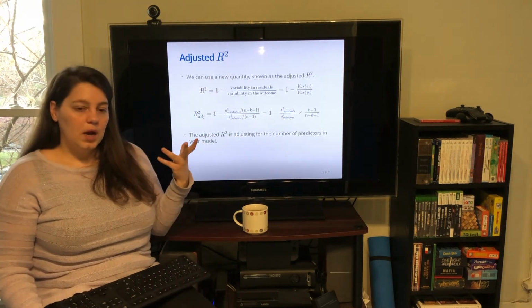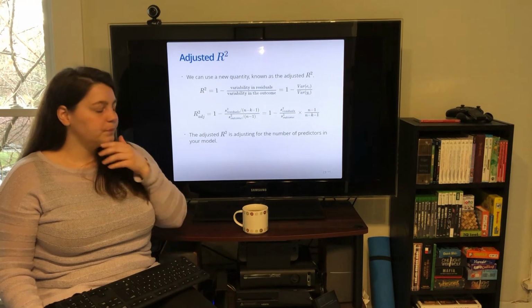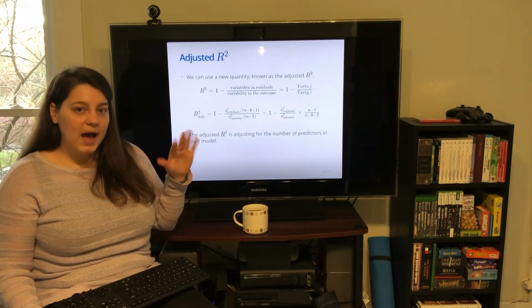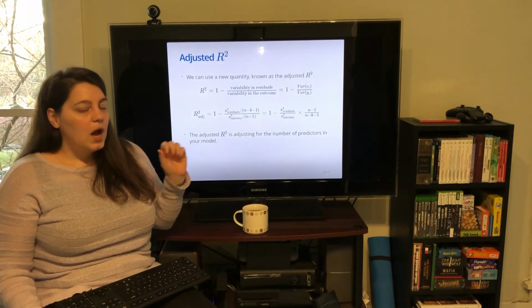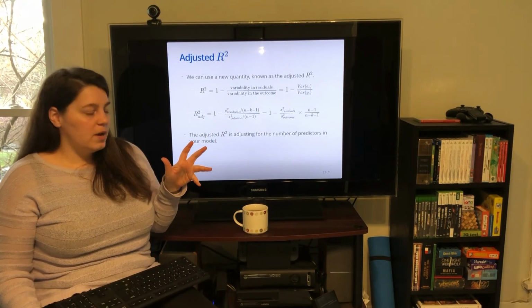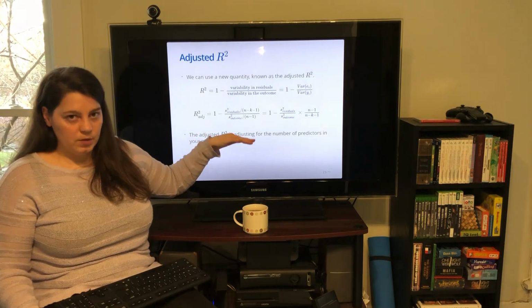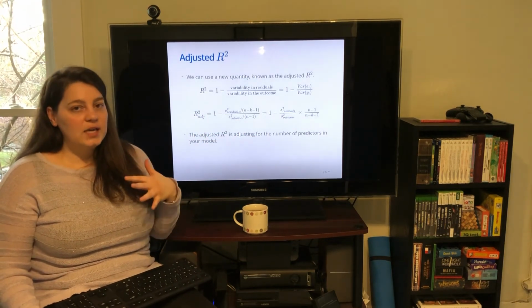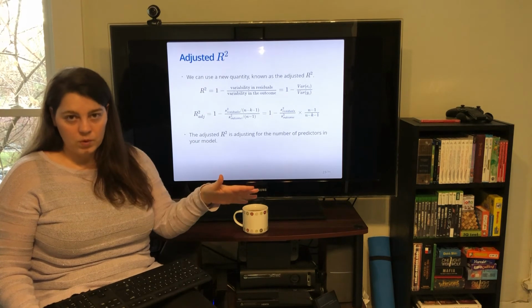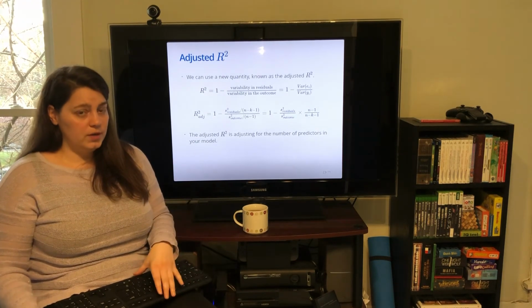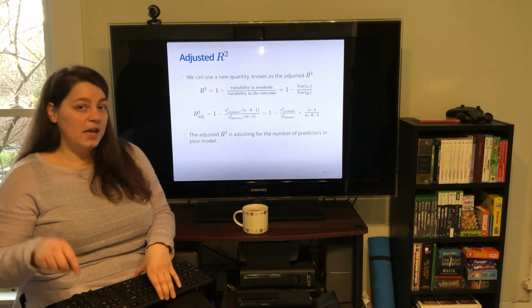So it's going to balance the increases as well as the number of predictors. That means you can't keep adding whatever you want forever and ever, because eventually there will be a trade-off between the number of predictors in your model and the gains that you're getting.